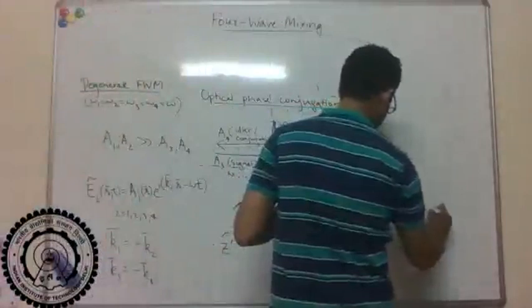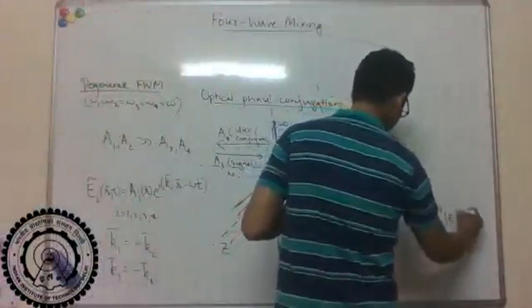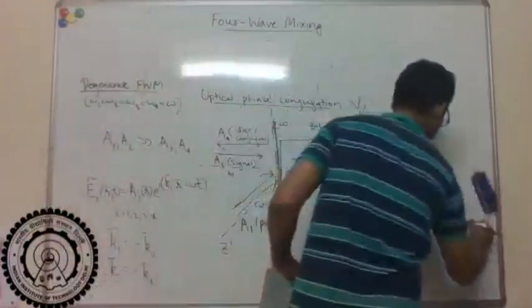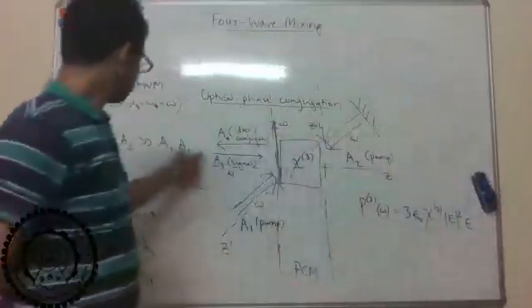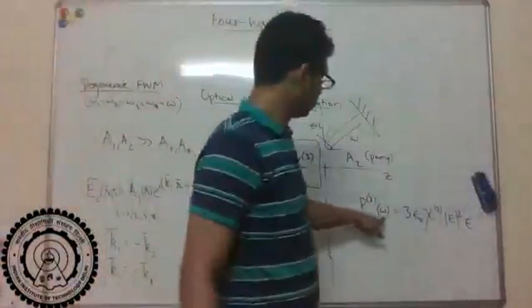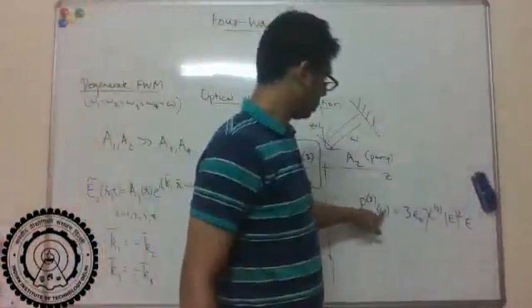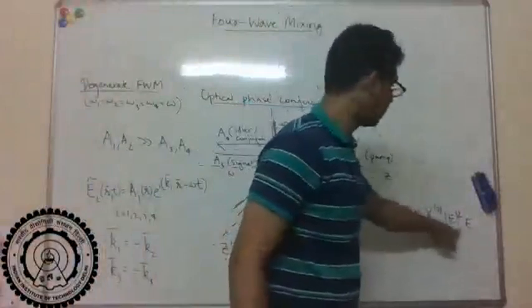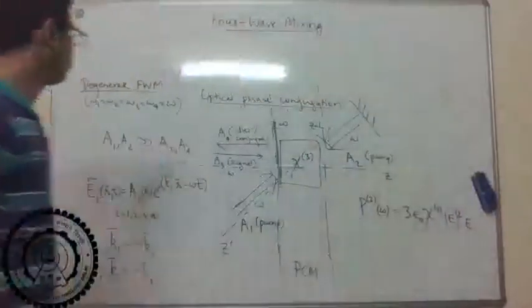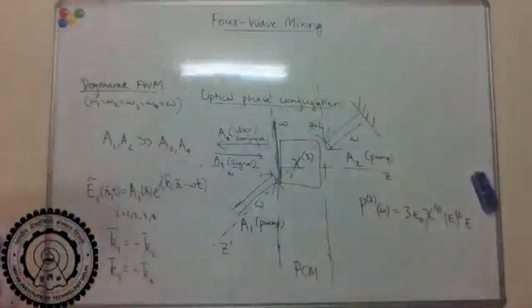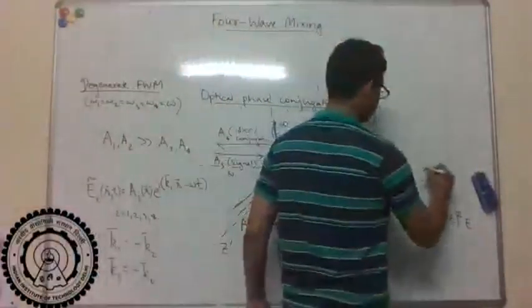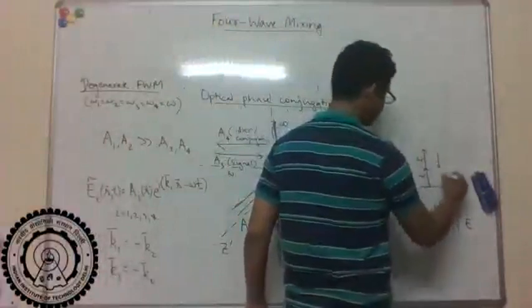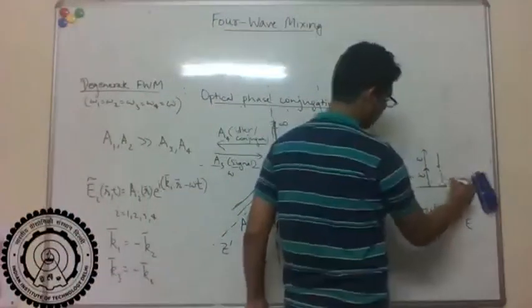So that would be something like chi-3 times mod E squared E. Because all the waves are at omega, and I want the polarization at omega, I need omega, omega, and minus omega. So I need E conjugate E. From the level diagram, I get omega, omega, and then coming down will be minus omega, which gives me the remaining at omega.